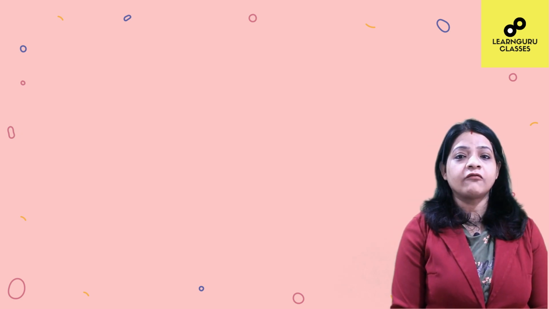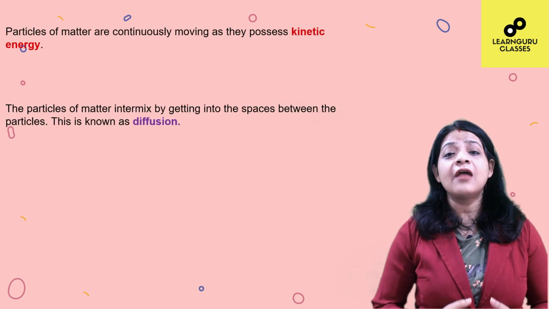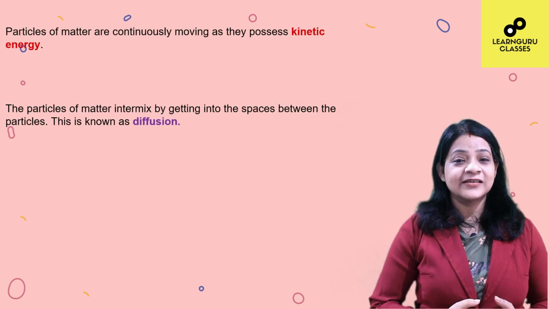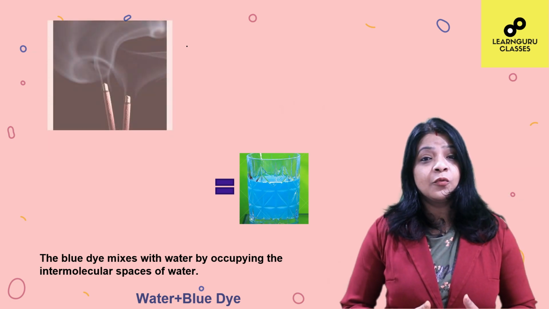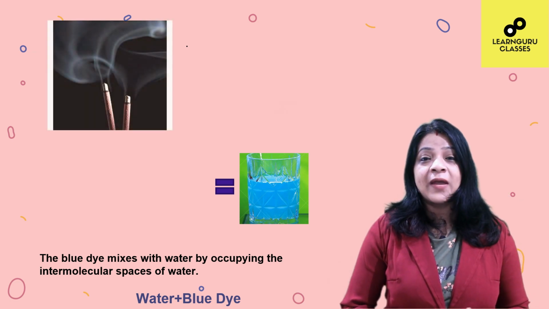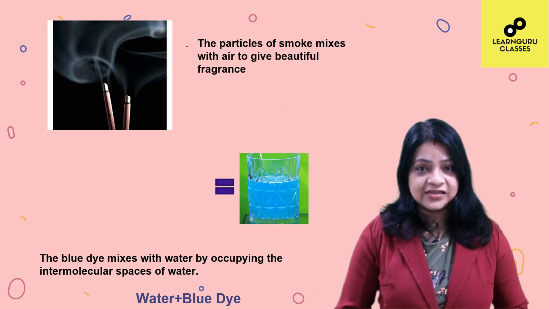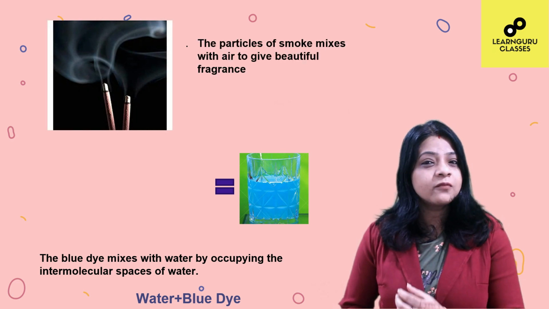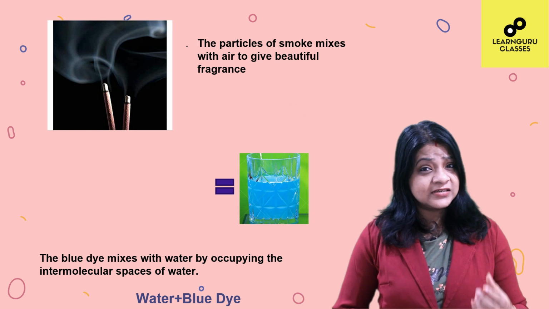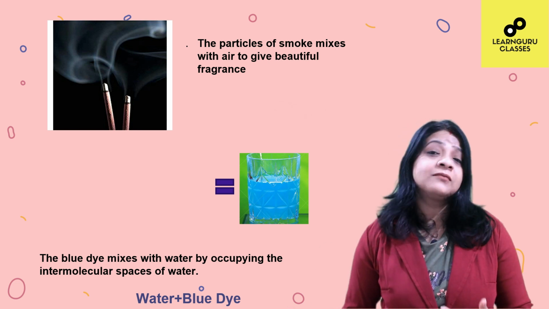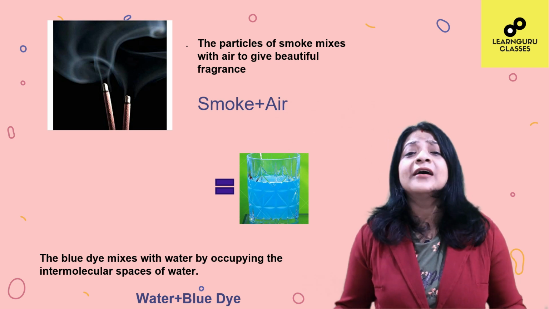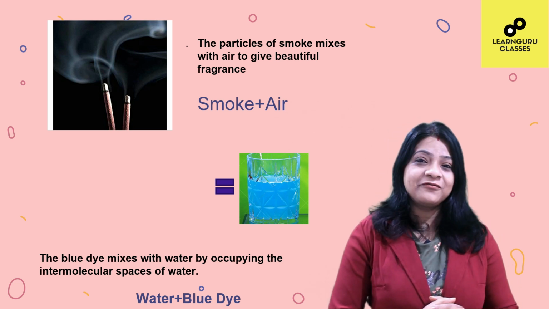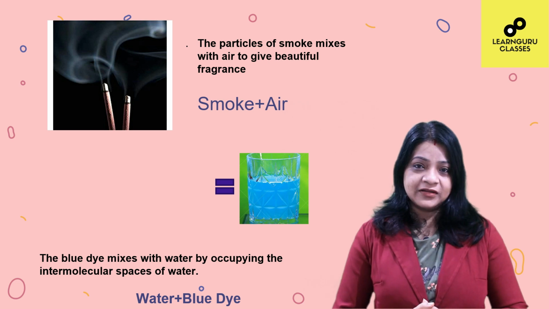The particles of matter have an inherent capacity to move, that is, they have kinetic energy. Thus, we can say that when we light an incense stick, the particles of smoke in the incense stick move and mix with the particles of air, and thus it leaves a beautiful fragrance to the surroundings.